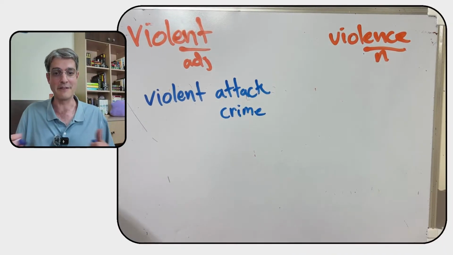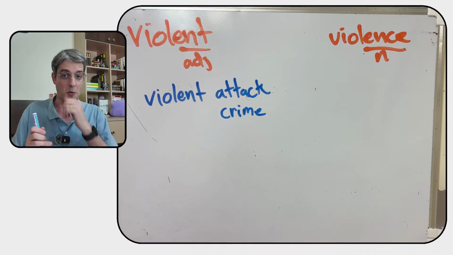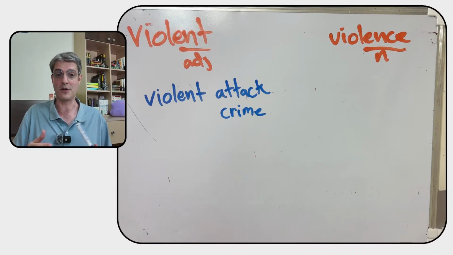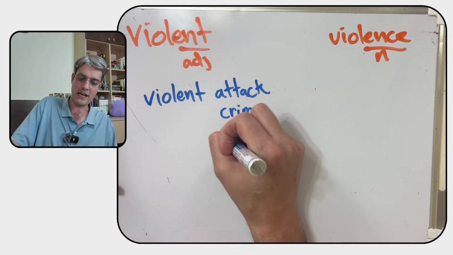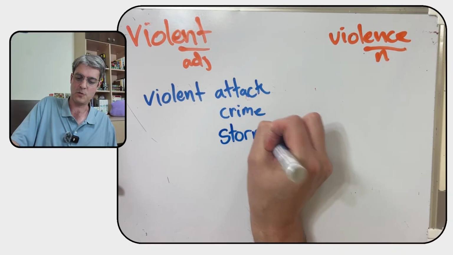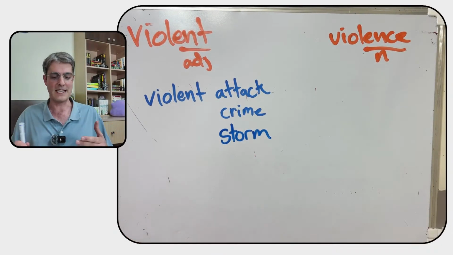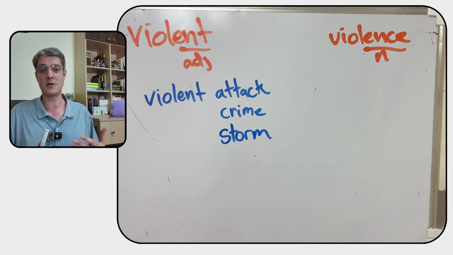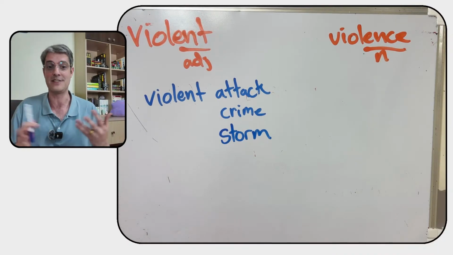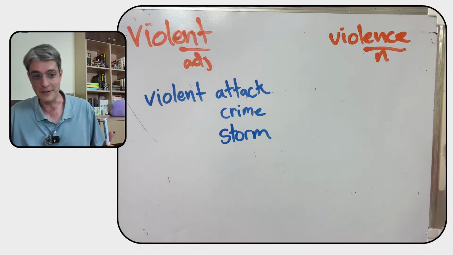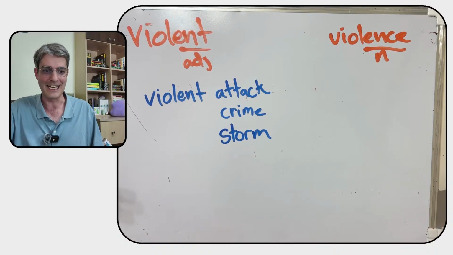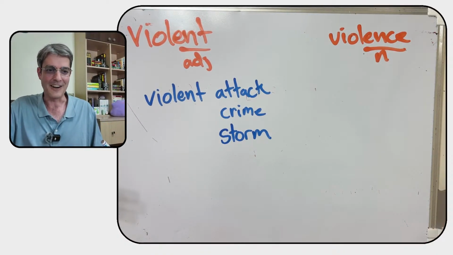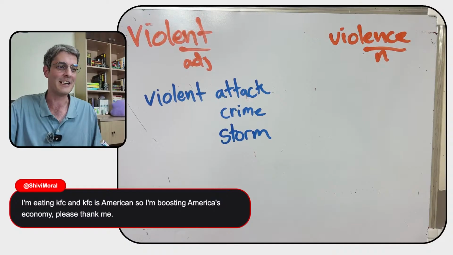Some crime is non-violent crimes where nobody is physically hurt, but a violent crime is where someone is actually hurt. Or a violent storm would describe something like a typhoon or a hurricane or a thunderstorm where there's strong winds, heavy rains, and maybe a lot of thunder and lightning. All right, so here we go. Let's see what we got here.